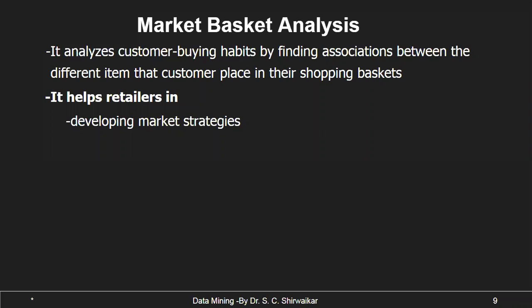It's a very important point. What kind of market do we have? Who are the different customers? Which kind of products are customers interested in buying? These points are easily understood using market basket analysis. The next one is advertisement strategies.